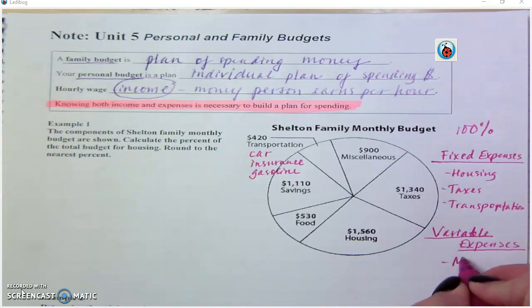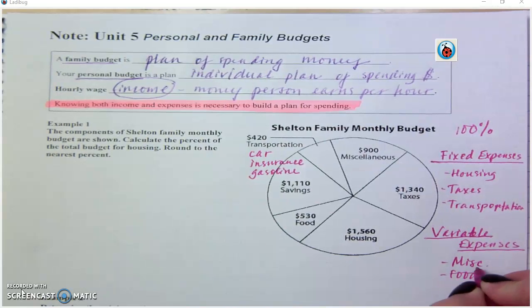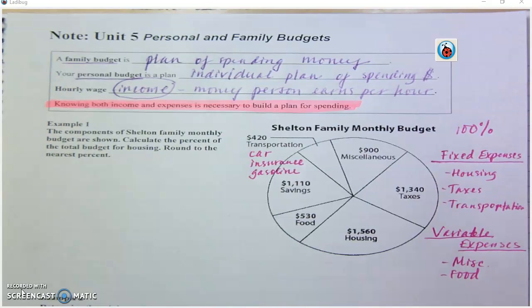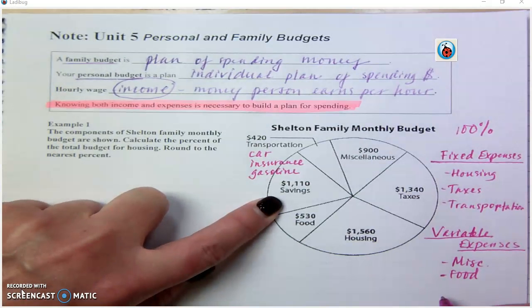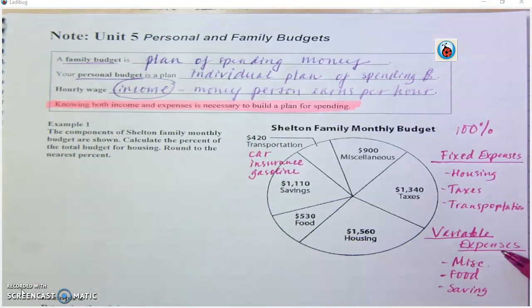The Shelton family might want to take a look at that. Food you can adjust. For example, on vacation nobody wants to cook, people go out, but at home a lot of the time you would be cooking. Savings you can adjust too, because what if one month you have a medical bill? That money should go towards your medical bill instead of savings. Expenses that can be adjusted are called variable.